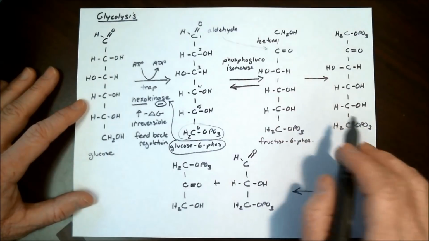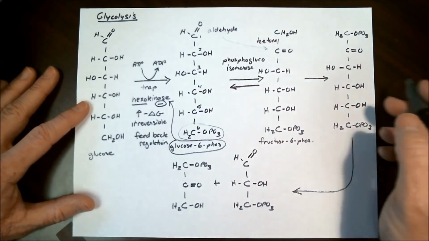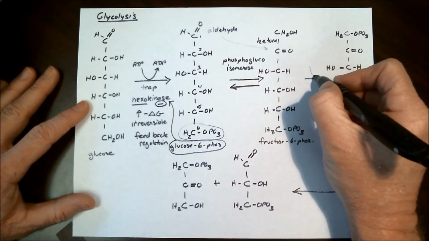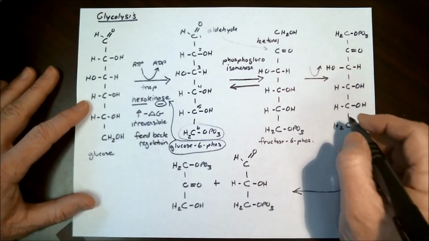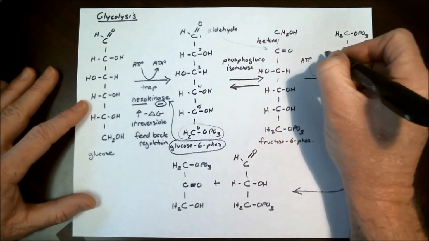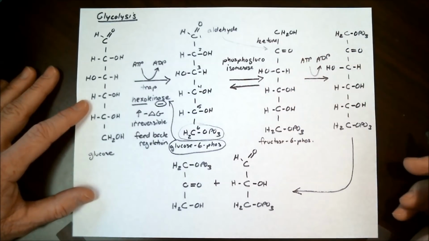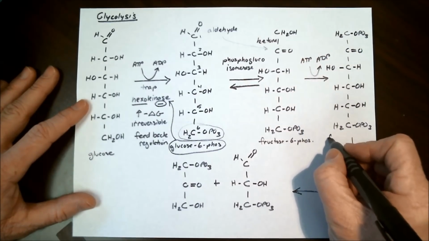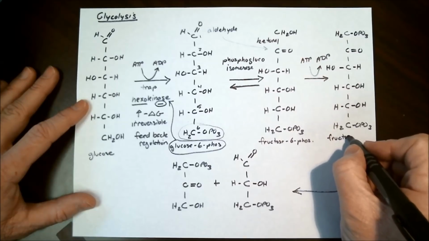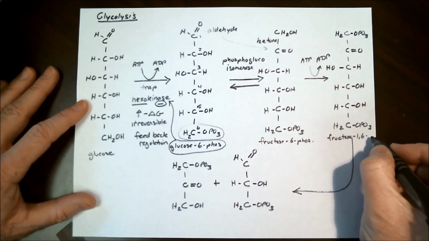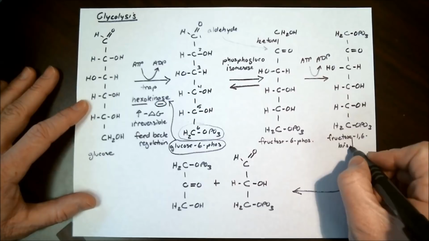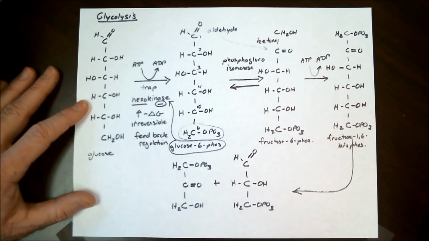Now the next reaction is going to be another phosphorylation reaction. And here we are again using ATP as our substrate, our cofactor, and we are going to be generating fructose 1,6-bisphosphate.